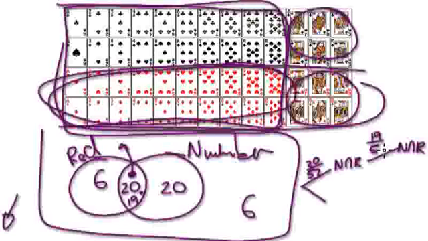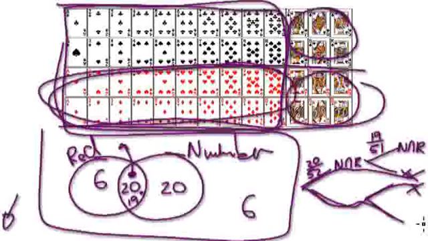would be 19 over 51. By the way, we could draw the others here, but this branch here you don't really care about. This branch here you don't really care about. This branch here you don't really care about. Because the question is saying both cards being number and red, you are only interested in this branch here.